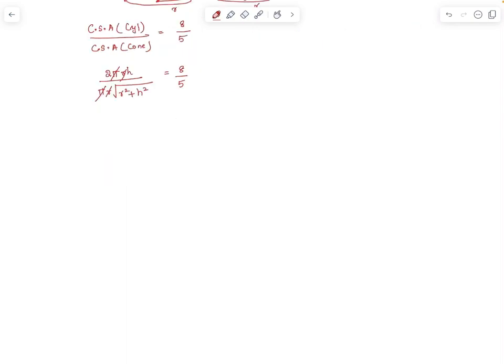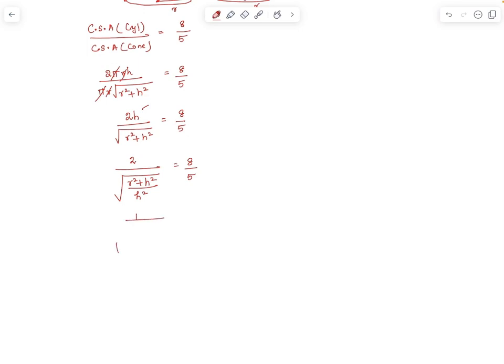On simplifying the left hand side, we get 2h upon root r square plus h square is equal to 8 upon 5. Pushing the h to the denominator, the left hand side can be written as 2 upon root r square plus h square upon h square, which is equal to 8 by 5.